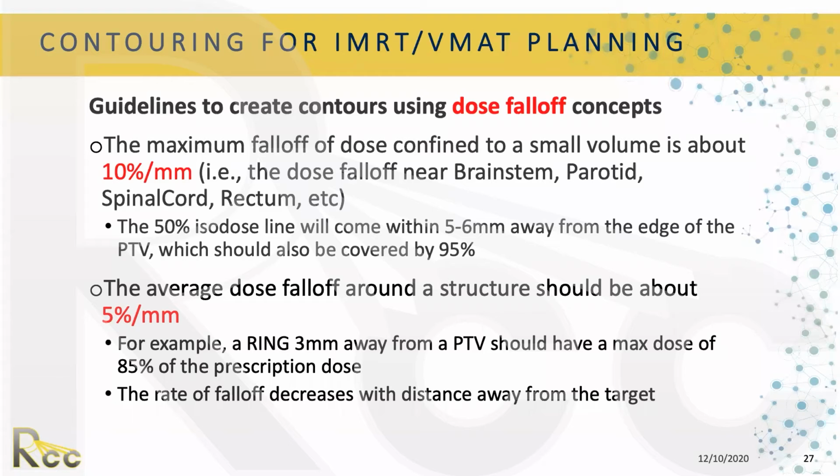If you think about it, the dose fall-off is 5% per millimeter, so over 3 millimeters you have a 15% fall-off. So the max dose that you're going to put on that ring, which is 3 millimeters away, should be 85%. And of course, the rate of the fall-off decreases with the distance away from the target.